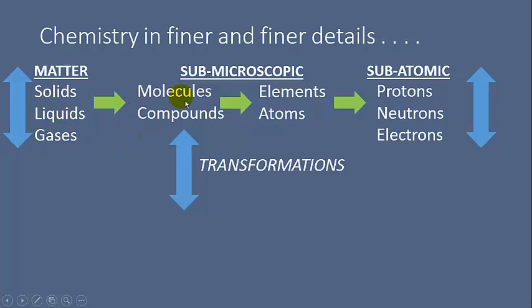The transformations undergone between molecules and compounds, the rearrangements of elements and atoms, the transformations that occur at this level, the release or the abstraction of protons, the release or the abstraction and taking of electrons. All of these transformations, no matter at what level of order or what level of detail you want to describe them, really is chemistry in a nutshell.